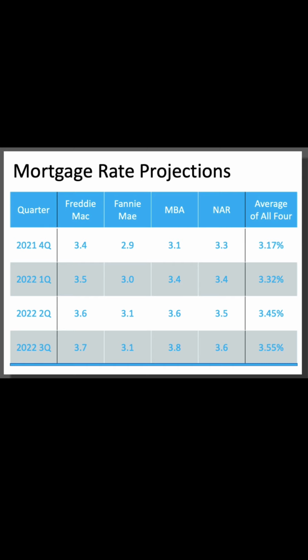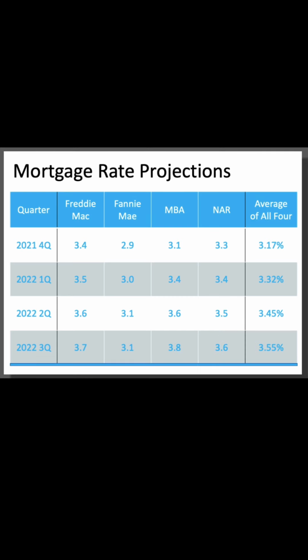On average, in fourth quarter of this year, we're seeing interest rates on the right-hand column there at about 3.17. Predicted by third quarter of 2022, they're going to go up not quite 0.5% to 3.55. What does that mean for buyers and sellers?